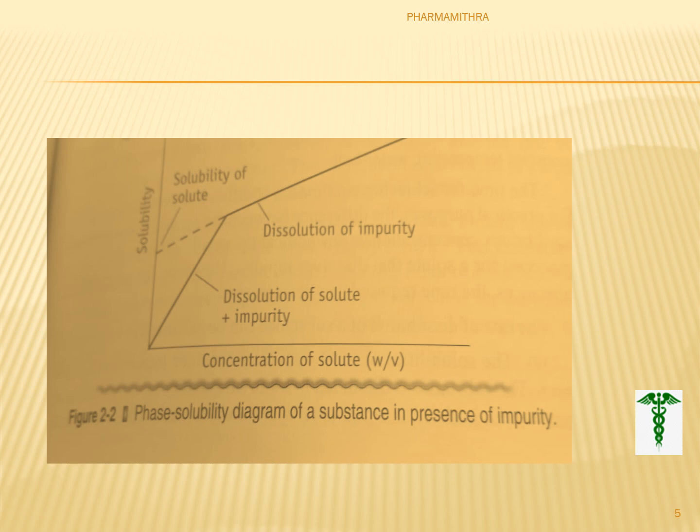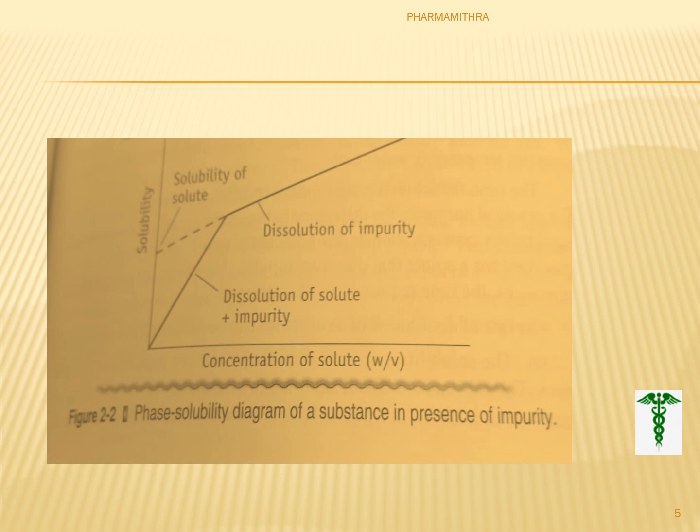But if the drug contains impurity, the phase solubility diagram will change like this. The initial line represents the dissolution of both the solute and the impurity, so the drug as well as the impurity.